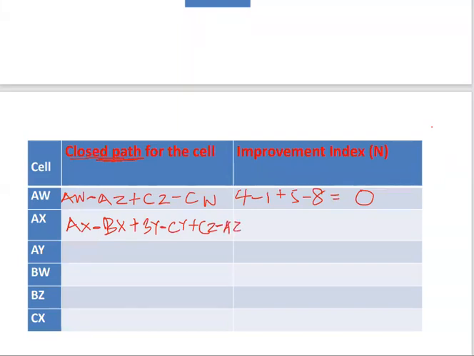What's the figure that we have? 7 minus 3, plus 8, minus 16, plus 5, minus 1, which gives us 0.